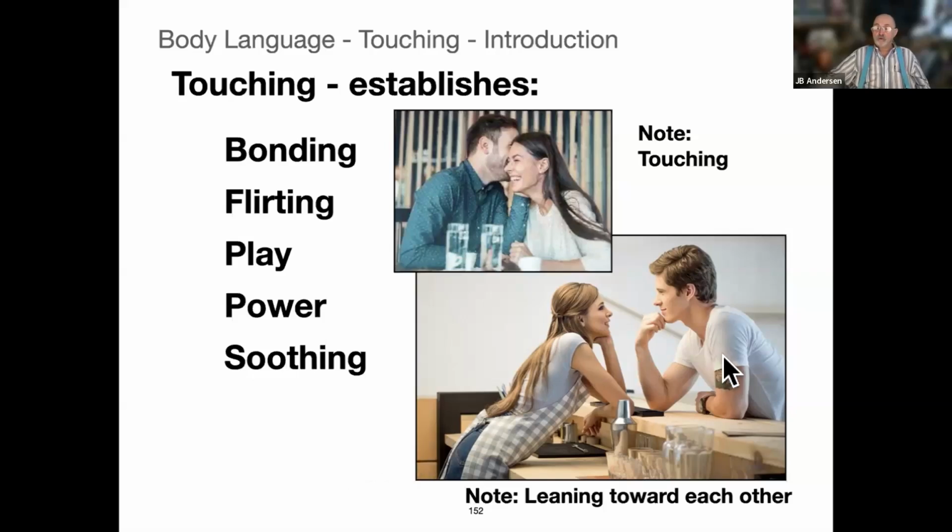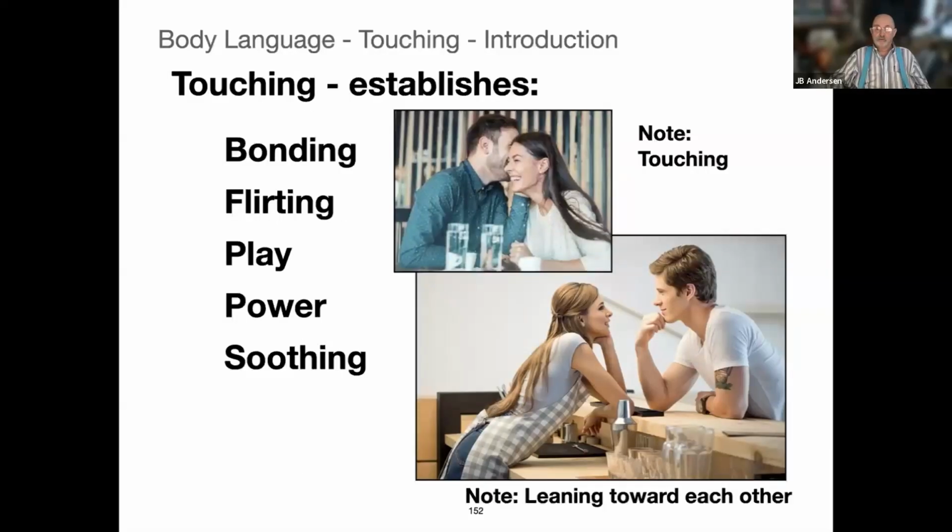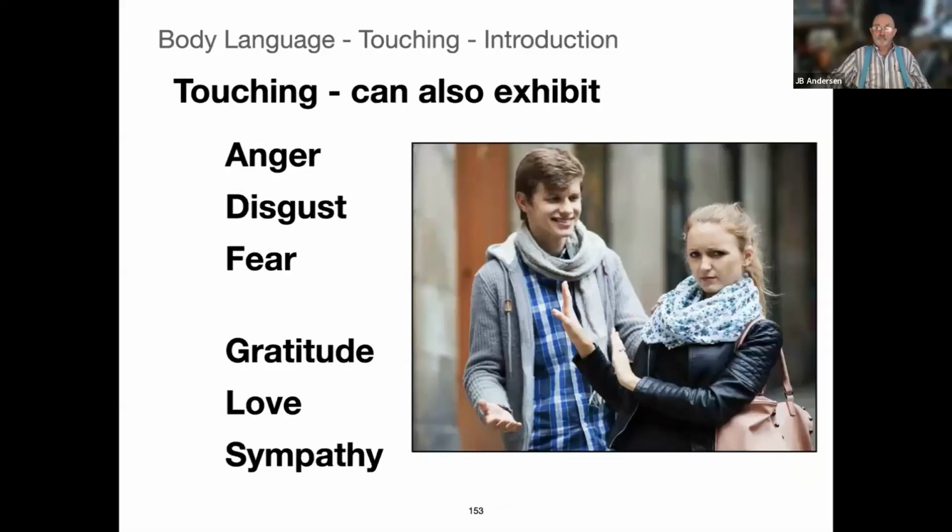They are leaning toward each other, and they both have their chins on their hands. So pretty soon he's going to say, "What would you like to do tomorrow night?" A lot of this stuff, we'll talk about it in a minute or two. This goes away once you're married or have a partner of some sort.